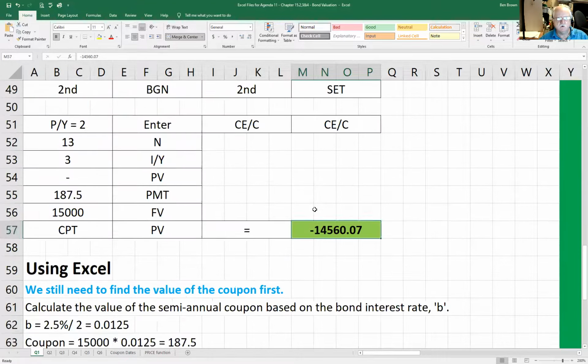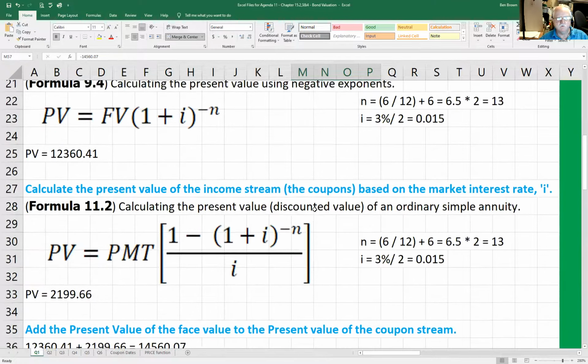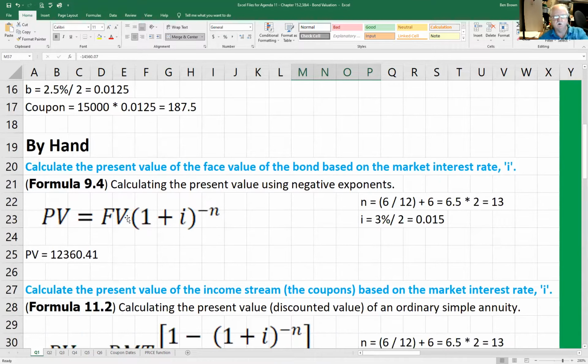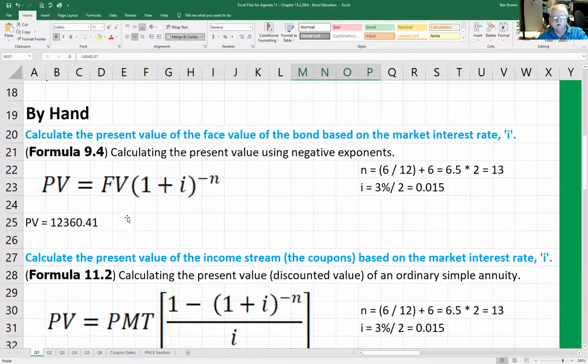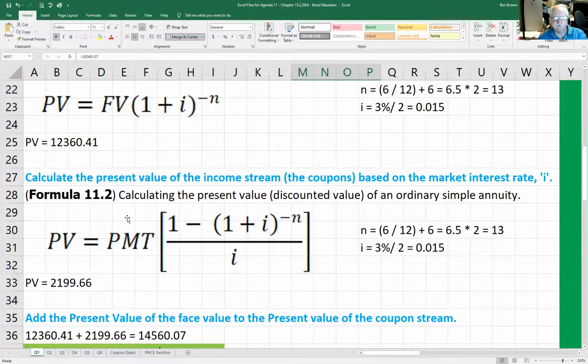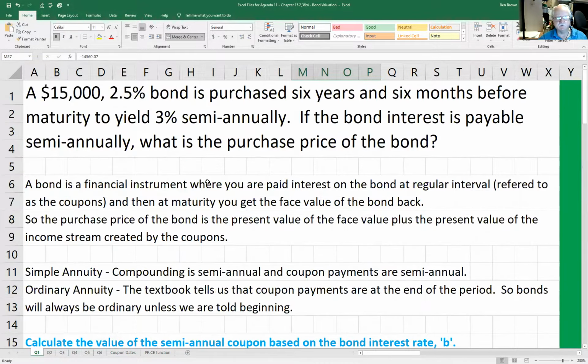You're finding the present value of the face value of the bond, and then you're finding the present value of the stream of income. And you can determine what somebody would pay for that bond today. So any questions that you can think of asking at that point?